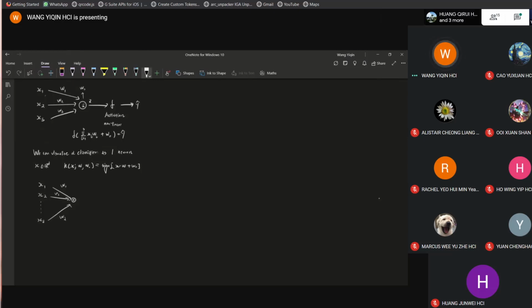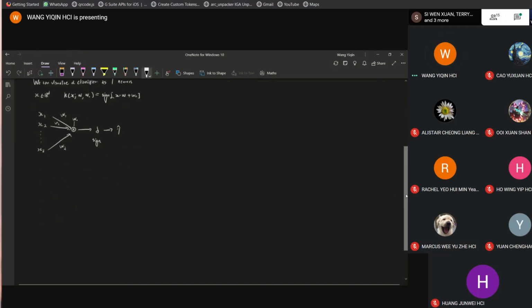This one sums it up with a bias term, and it puts it into the activation function, which in this case is just your sign. And that is the output of the classifier. So this is the exact same as this equation here, right? So it can be said that a single neuron is essentially something that can give you a linear regression or linear classification. So it's very limited in terms of its capabilities.